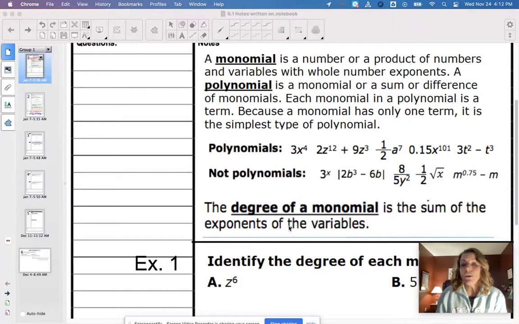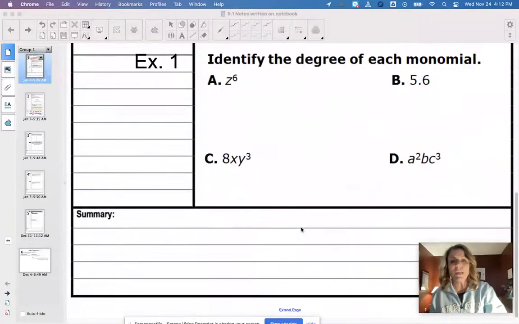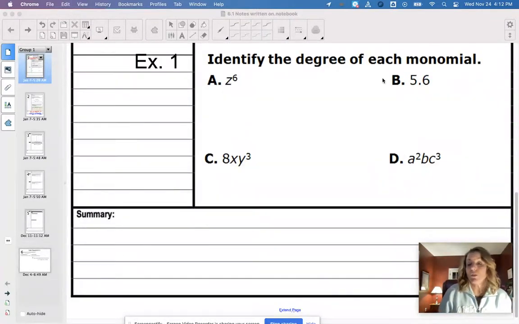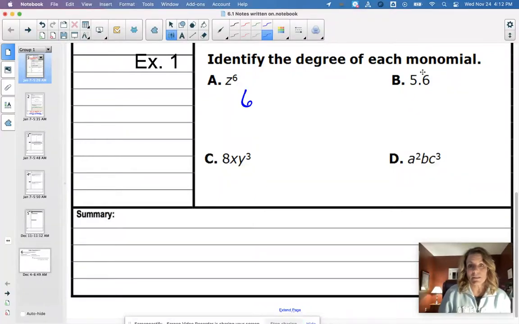The degree of a monomial is the sum of the exponents of the variables. So let's do example 1. Identify the degree of each monomial. These are monomials because there's only one term. So obviously the degree here is just going to be 6. The degree here, there is no exponent, so it's 0.